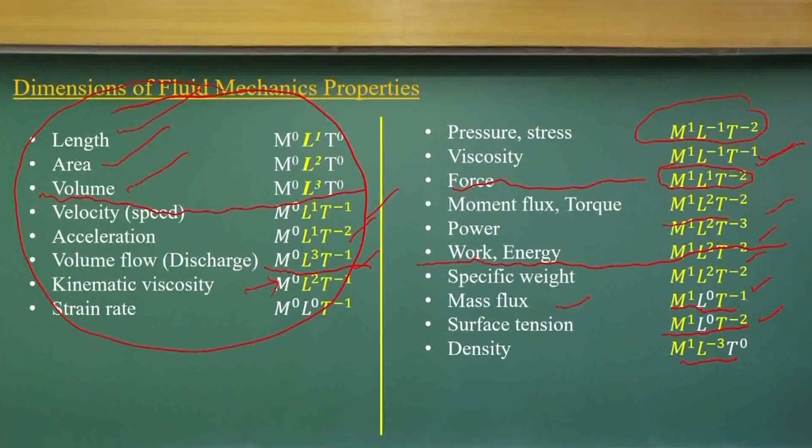If you have any doubt about what the dimensions of viscosity could be, then you write Newton's law of viscosity, that is, the shear stress tau equals mu dV by dy. Substitute the unit of shear stress, and the unit of dV by dy, then you will get mu, because this is a dimensionally homogeneous equation.